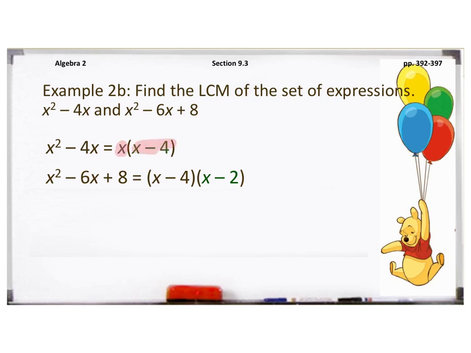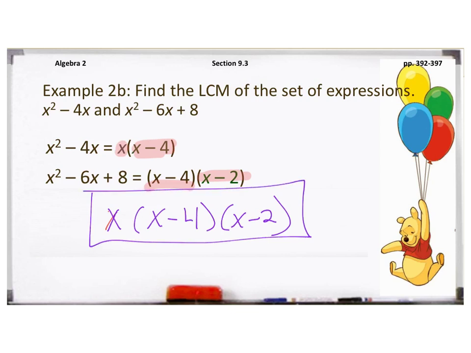I'm going to have x minus 4, because that's right here, and x minus 2. So it's going to be x, x minus 4, and x minus 2. That is my lowest common multiple.